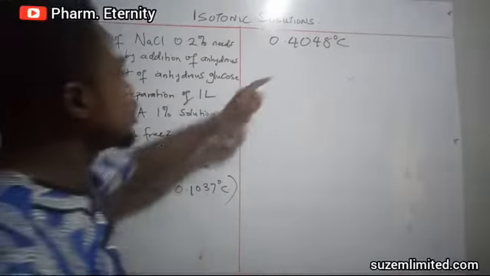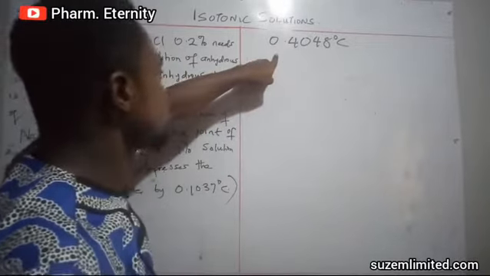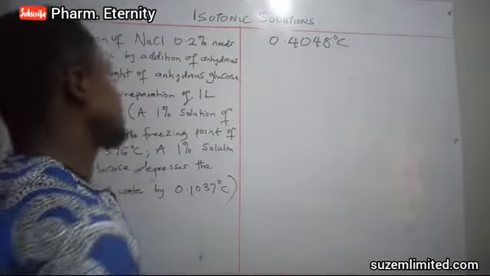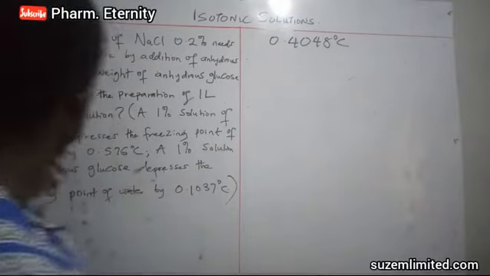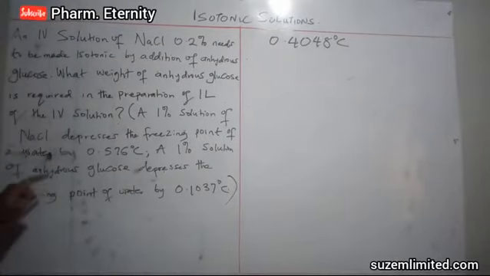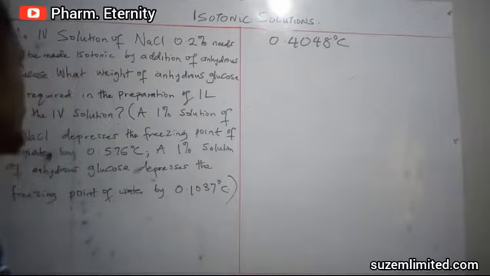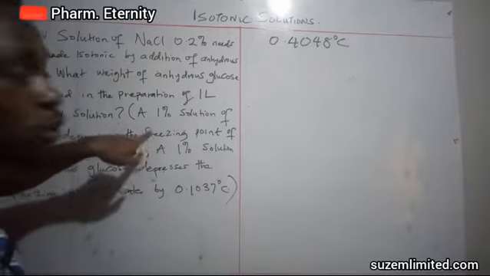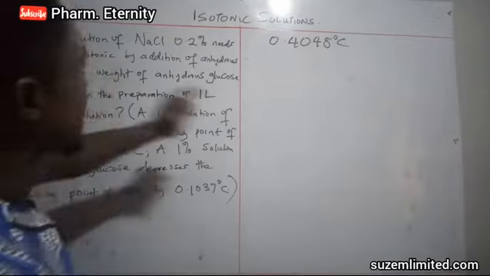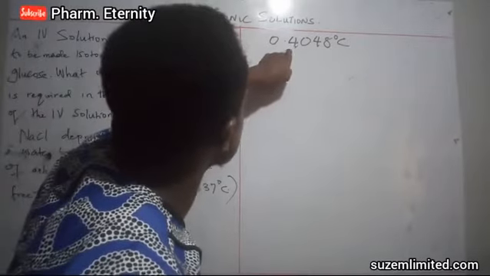And this is what we need to depress this solution to make it isotonic. Now let us go back to the question and determine the concentration of anhydrous glucose that can cause this depression.